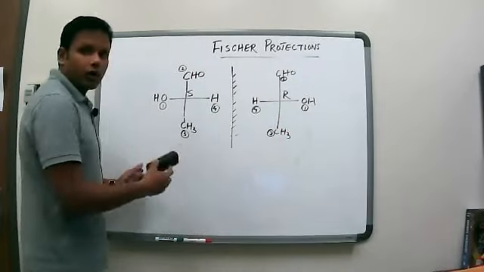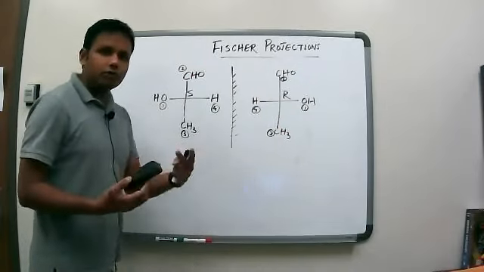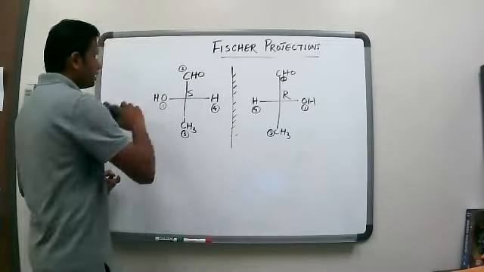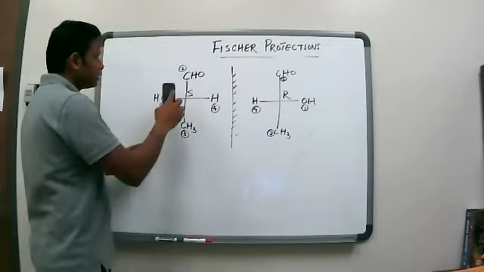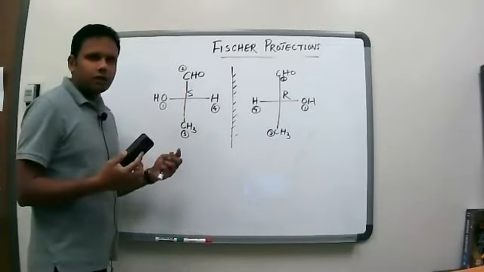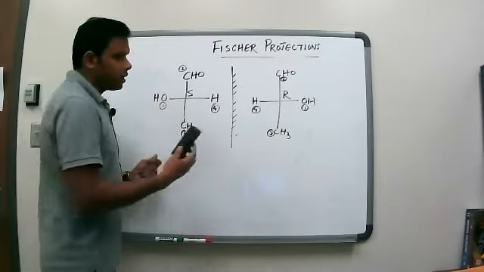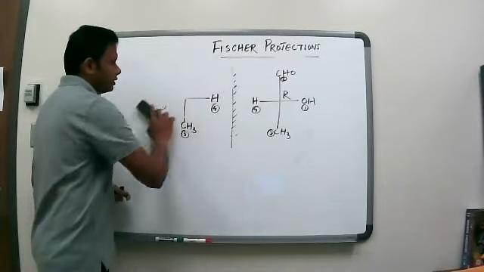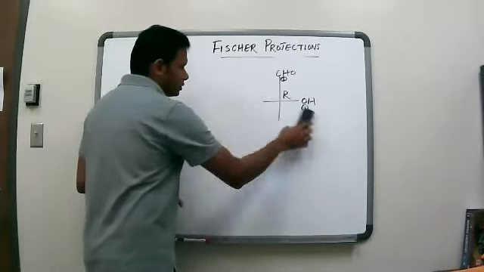Now we'll see it on a molecule with 2 chiral centers, and that would help you see why this makes it easy to identify enantiomers and diastereomers and things like that. So we'll look at a molecule where there are 2 chiral centers.